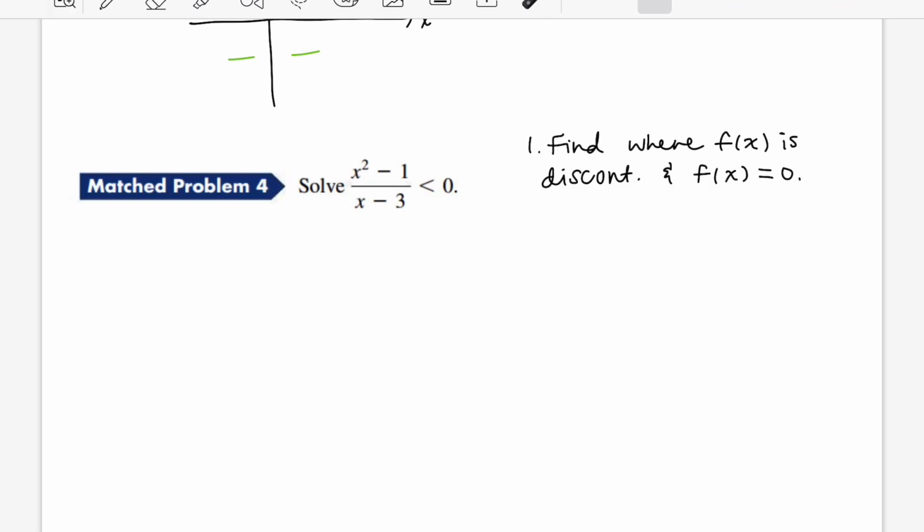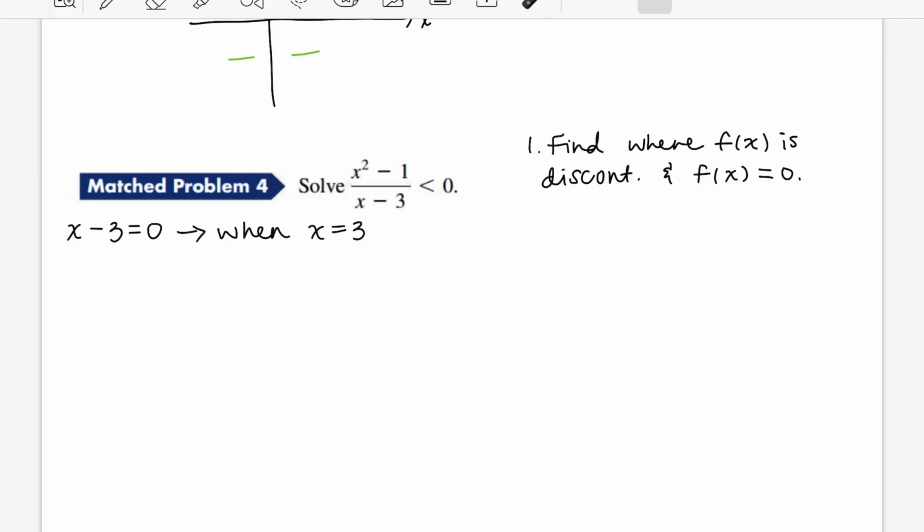So we have a rational function here, x squared minus 1 over x minus 3, so we know that our function will be discontinuous when our denominator is 0. So discontinuous when x minus 3 is equal to 0, so when x is equal to 3.